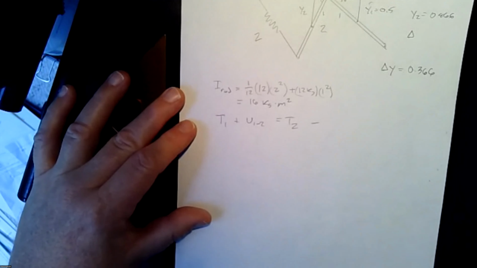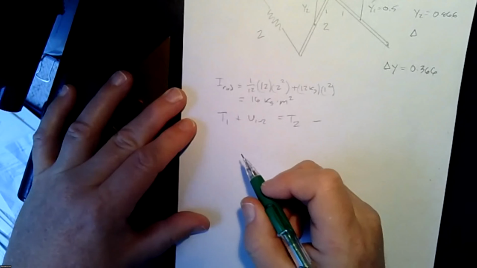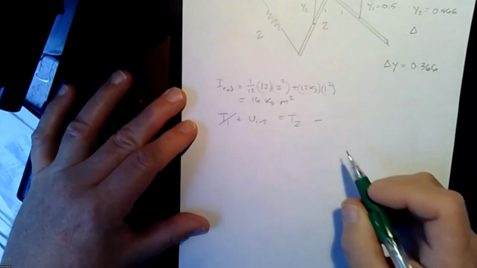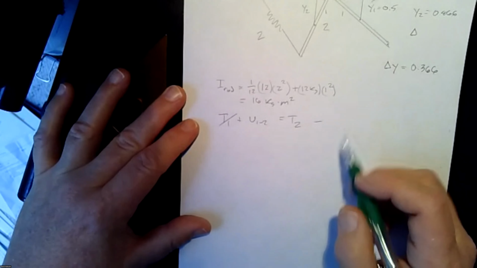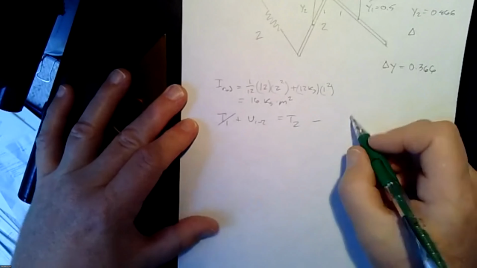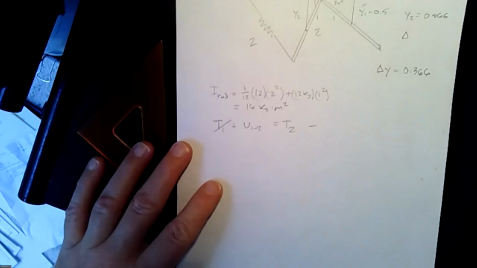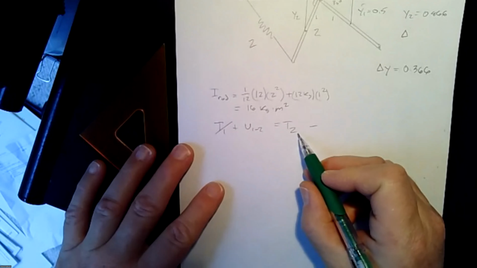So for T1, we know that our initial T is going to be 0, and our T after the motion, the T2. So we'll say let's break it into two components. I think that'll be easier.